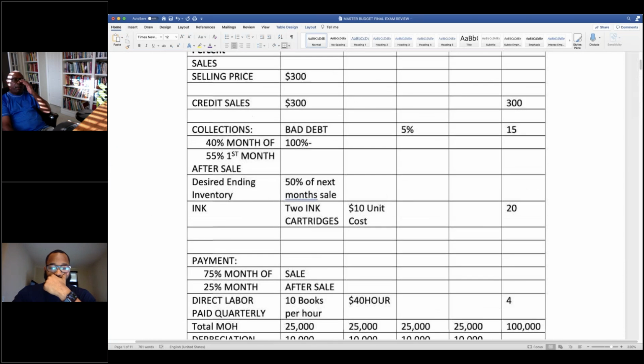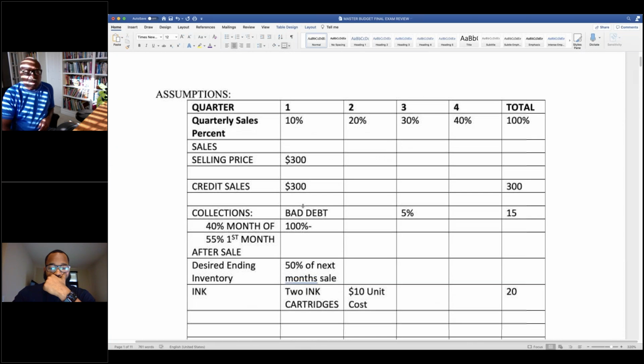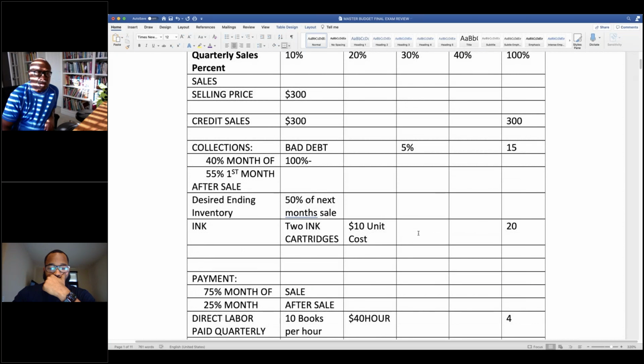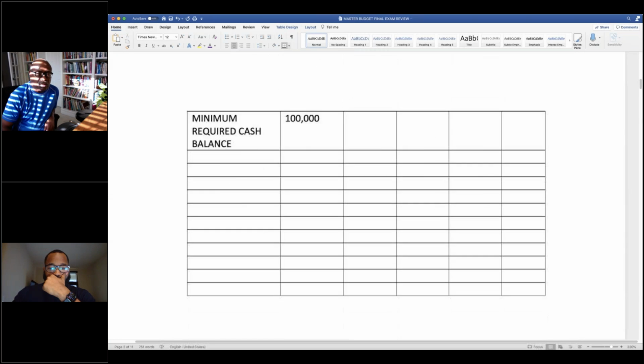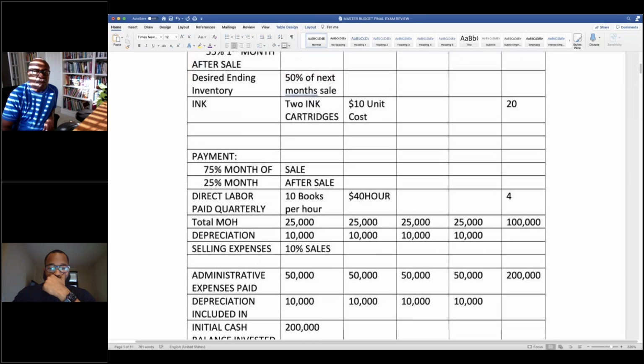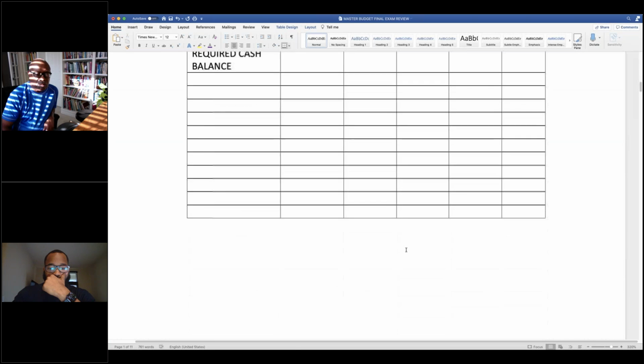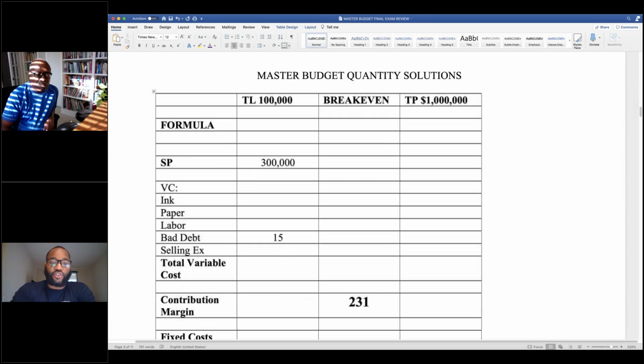You only got one raw material, 2 at 10 each for $20 in total. You didn't have any paper.